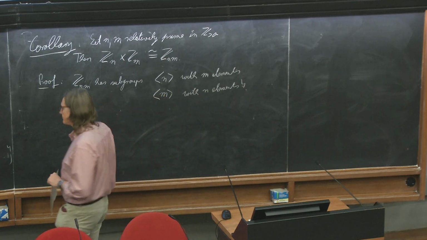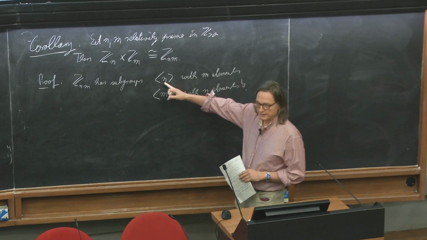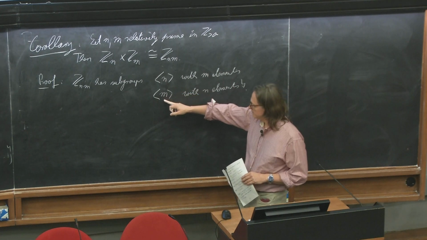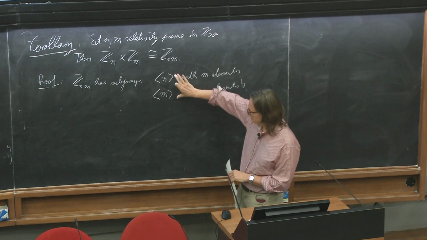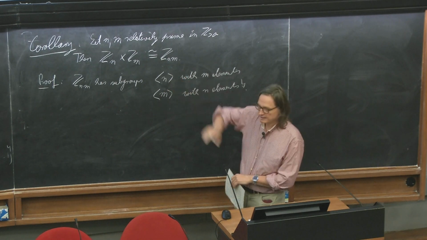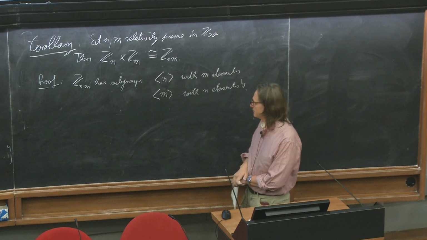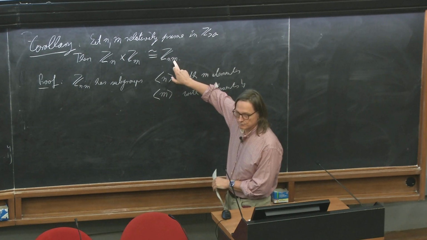And so this contains all multiples of n, and this contains all multiples of m. The intersection of these two subgroups will be all numbers which are multiples both of n and m. But as n and m are relatively prime, these are precisely the multiples of n times m. And this means the element 0 in this group.